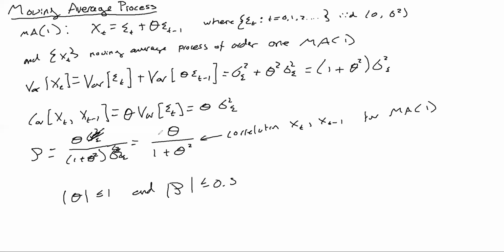With this formula, it can't be greater than 0.5. As long as the absolute value of theta is 1 or less, then the most this correlation can be is 0.5.